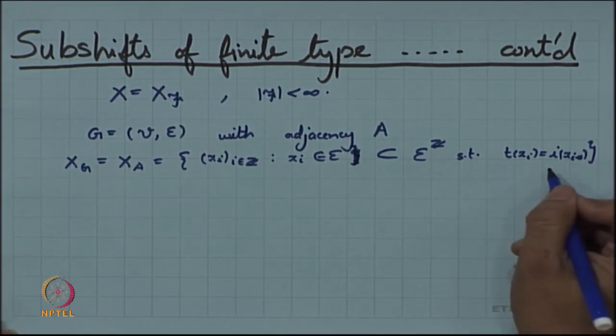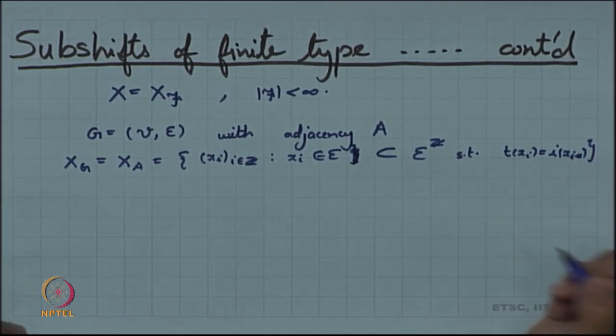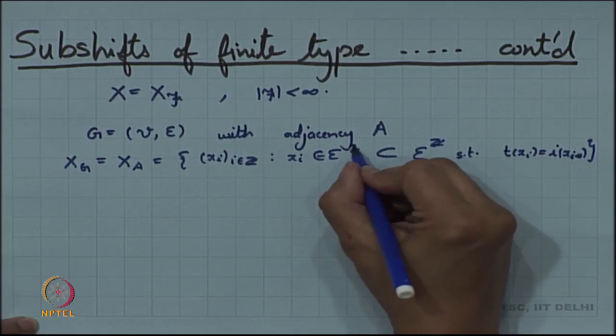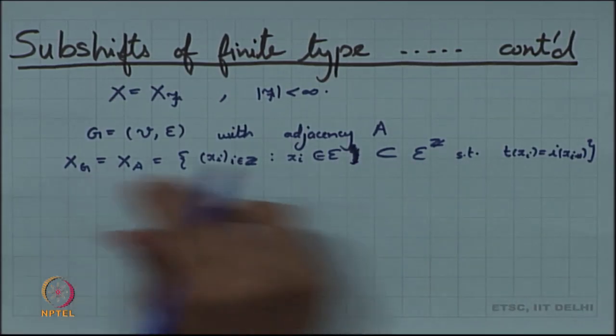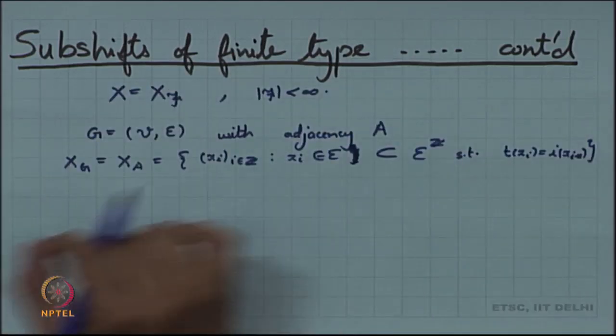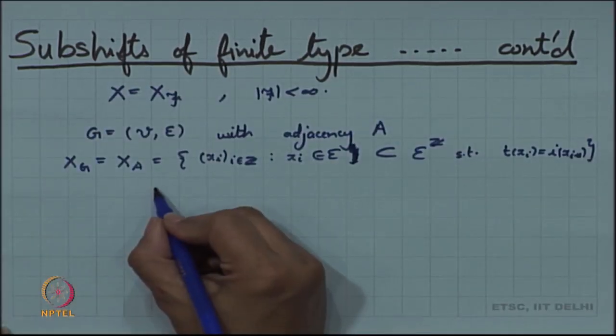The terminal vertex of ξ_i is the same as the initial vertex of ξ_{i+1}. So, all such sequences give us a bi-infinite walk on the graph G, and that gives us something called the vertex shift.